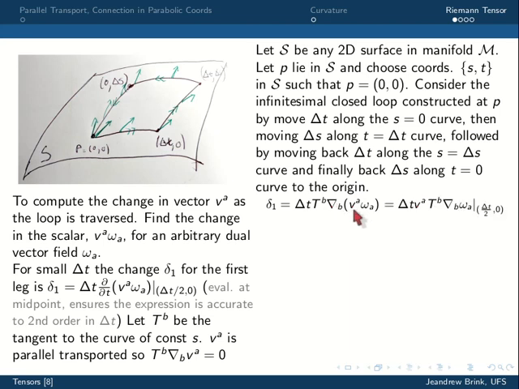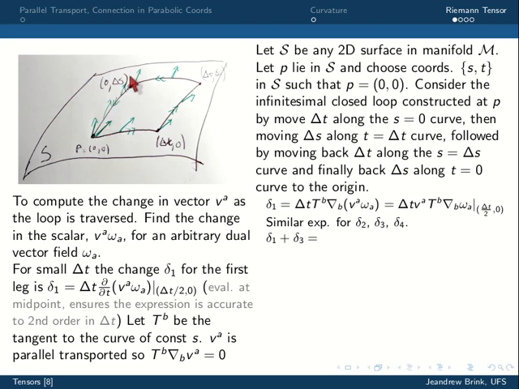To apply it to the dot product, we have delta T times V^A T^B gradient of omega_A evaluated halfway along the curve. What we can do is simply work out the same thing for the change over there, and the change over there, and the change over there, and then add them all together.